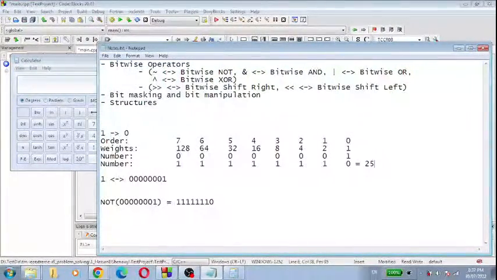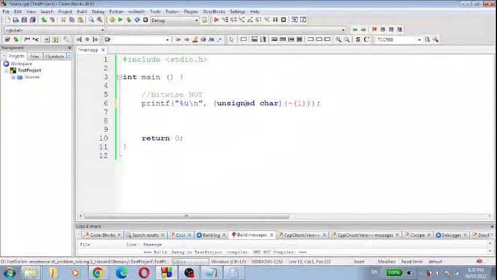I mean it would be 255, but we have decremented by 1, which is this one here for this place, so we got 254. So let's run this code. I have got the bitwise not.